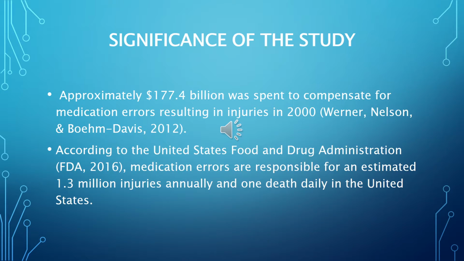According to studies, approximately $177.4 billion was spent to compensate for medication errors resulting in injuries in 2000. According to the United States Food and Drug Administration, FDA, medication errors are responsible for an estimated 1.3 million injuries annually and 1 death daily in the United States.